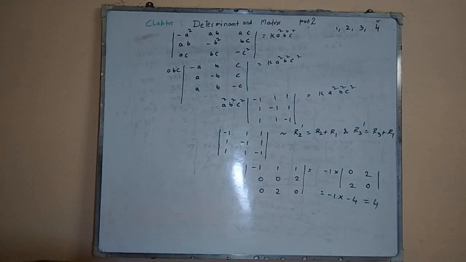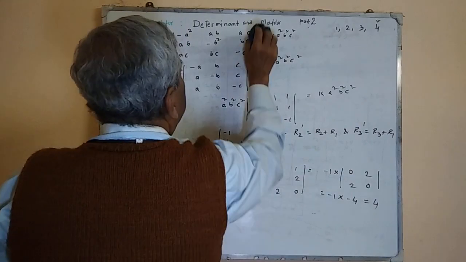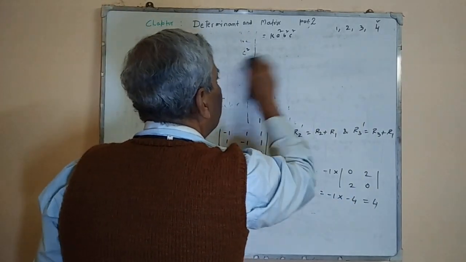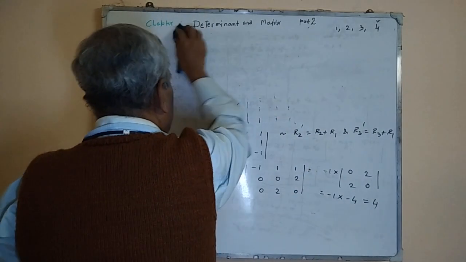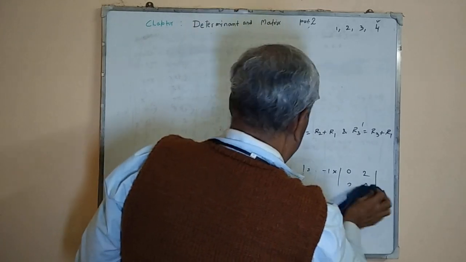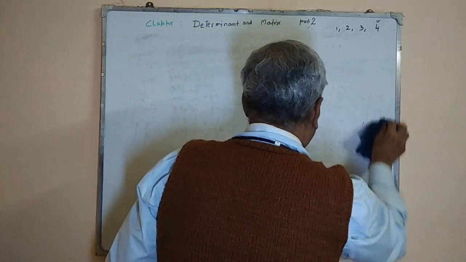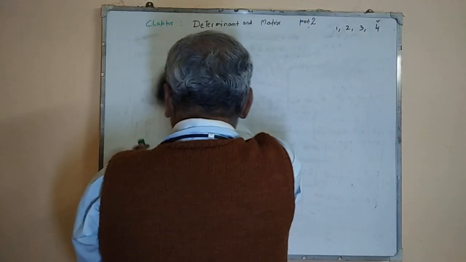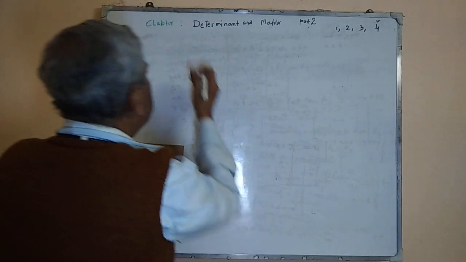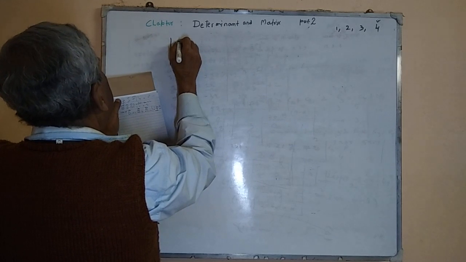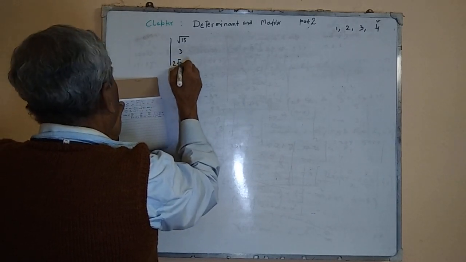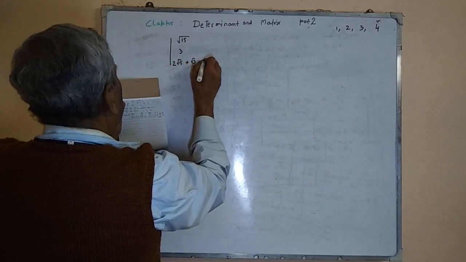Now next problem. The value of the determinant is: first column root 15, 3, 2 root 5 plus root 3 minus 1.